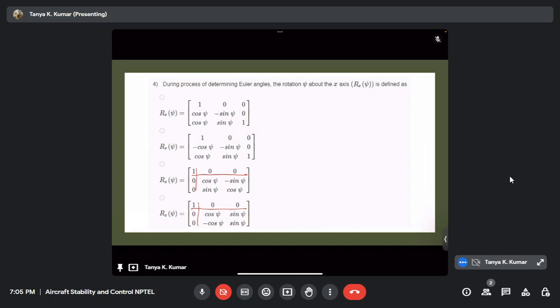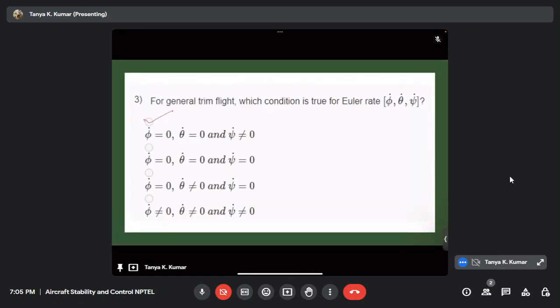We've just seen these matrices in the previous case. So this is the correct rotation matrix of the x-axis. You can see here, which was x. Yes, this was x. Correct?